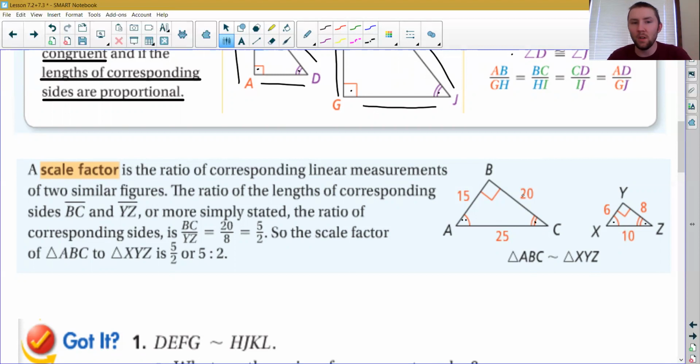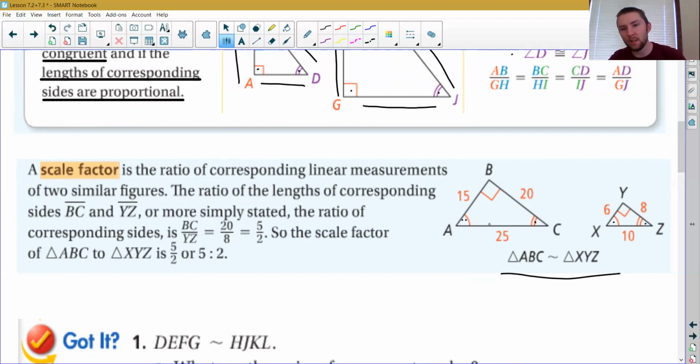And we can make any sort of ratio out of these side lengths and just reduce it down. Now, it is important to note which way you're going, okay? Because 5 over 2 is not the same fraction as 2 over 5 necessarily. So what we would say is, okay, the scale factor from the first shape to the second shape. So notice right here, I have ABC similar to XYZ. So ABC is going to be my top number, my first number. XYZ, those sides are going to be my second number, the bottom number.